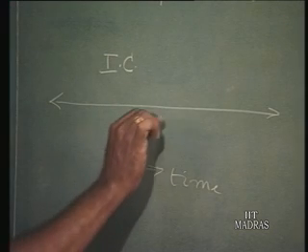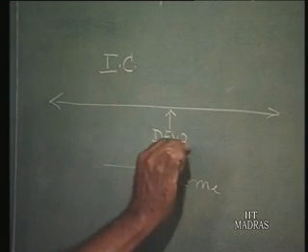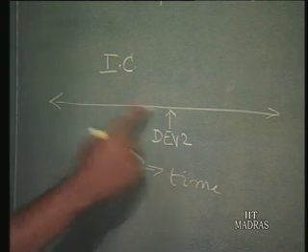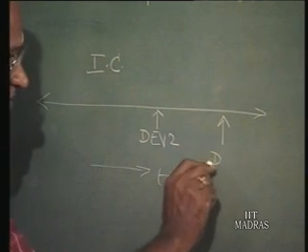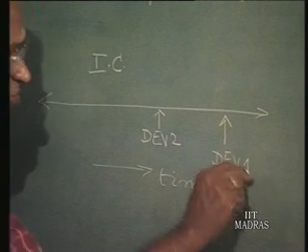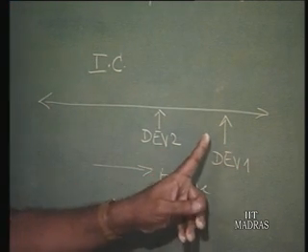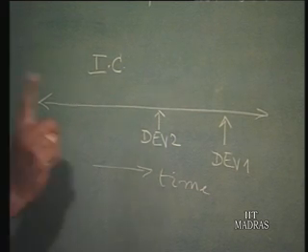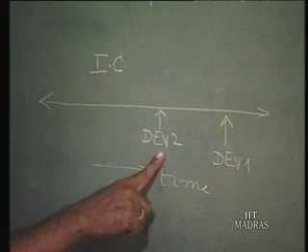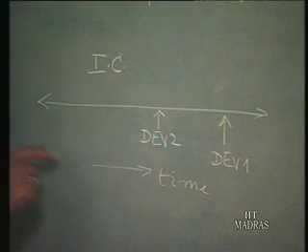Now, it is possible that device 2 generated an interrupt at this point in the instruction cycle, and device 1, we have just considered 2 devices, has generated an interrupt at this instant. Now, this is the interrupt signal time at which device 2 generated the interrupt.